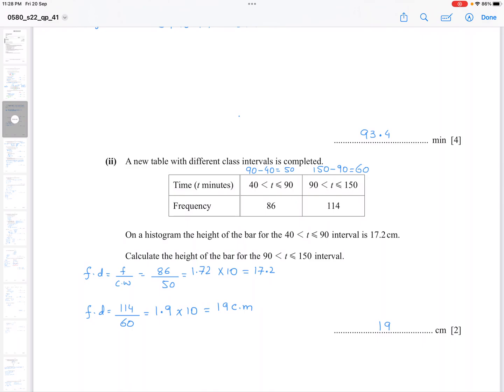Now find the frequency density of the second class, which is 114 frequency divided by the class width, which is 60. So 1.9, and you also multiply this 1.9 by 10 and you get 19 centimeters, which is the height of the bar of this class.